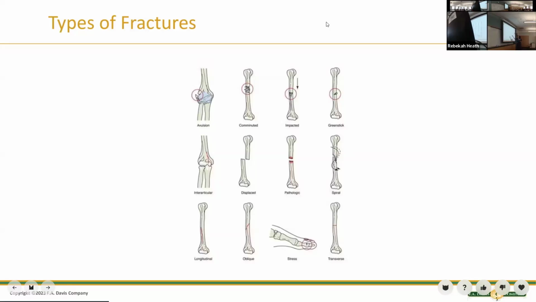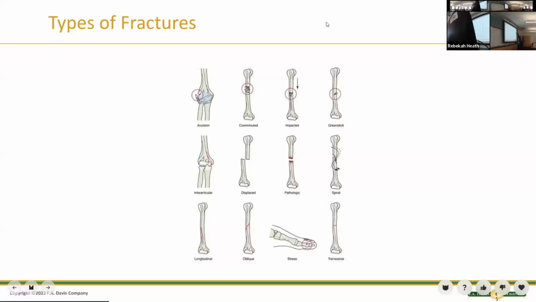Intra-articular, inside the joint, especially when it's right on top of that little joint. Displaced fracture, that's when the bone has totally separated. It's not like the greenstick or impacted, where the bone is still together. The bone is totally offset.